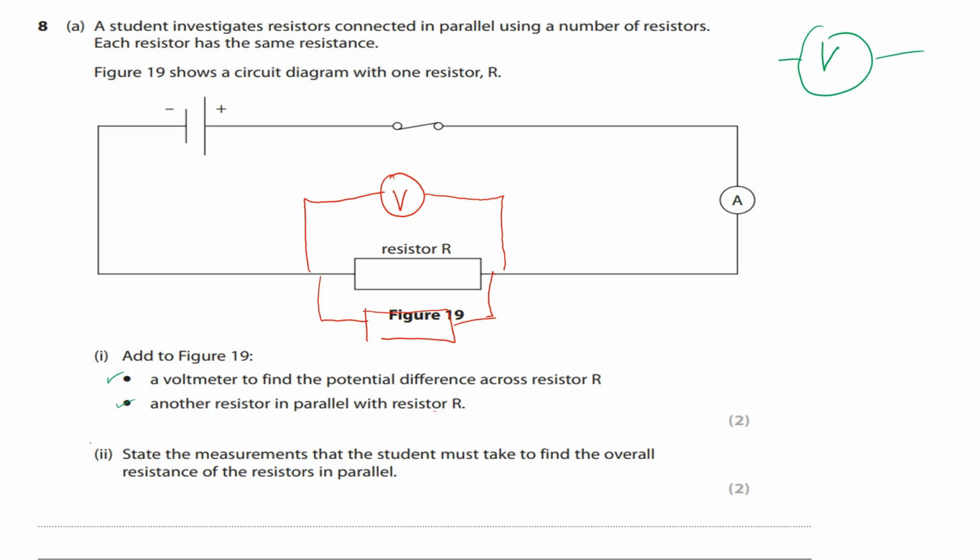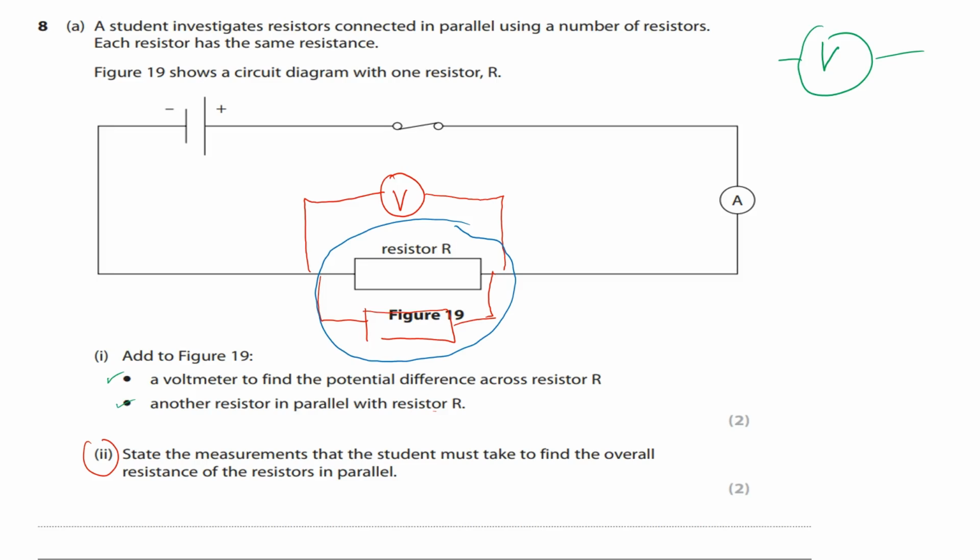Then the second one says state the measurement that the student must take to find the overall resistance of the resistors in parallel. So you want to find the overall resistance of these two resistors in parallel. What measurement are you going to take to be able to find this resistance?